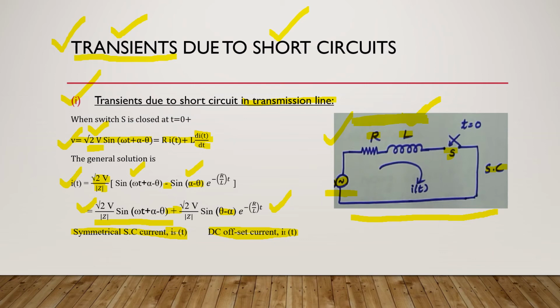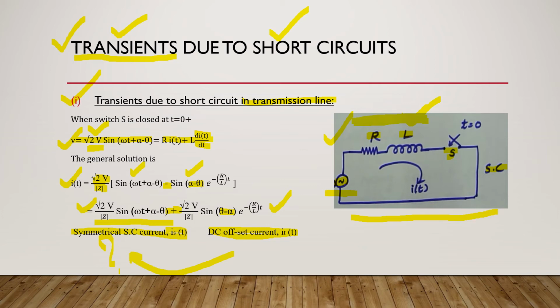Now we need to understand at what point we get the maximum value of symmetrical short circuit current, and at what point we get the DC offset current as maximum. Based on that calculation, we can identify the maximum fault current immediately after the occurrence of the fault.